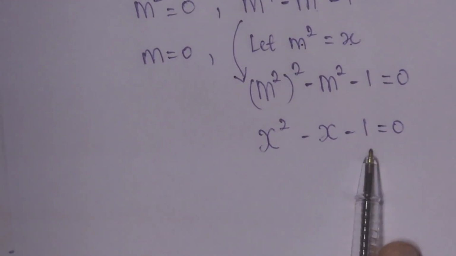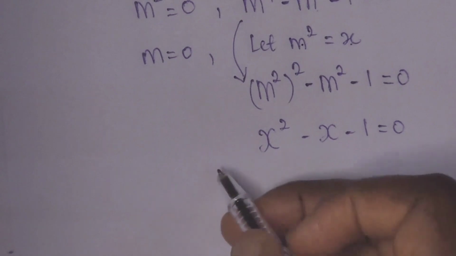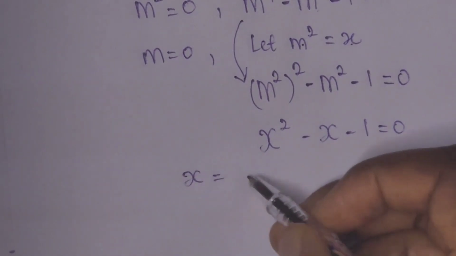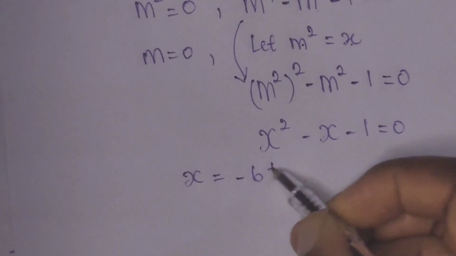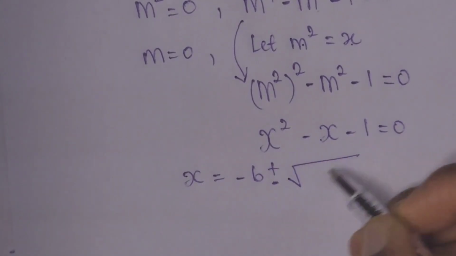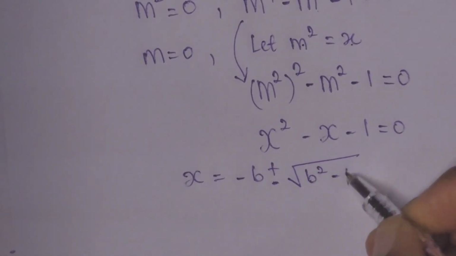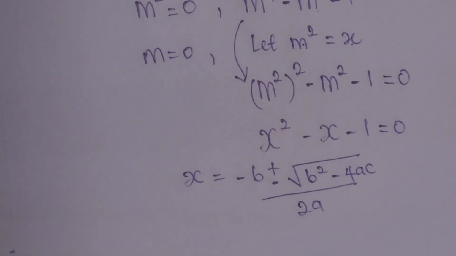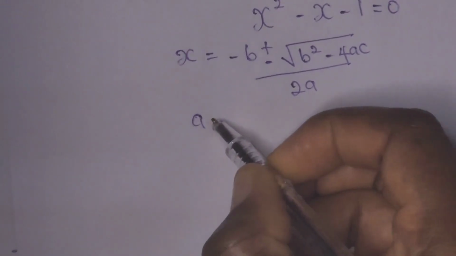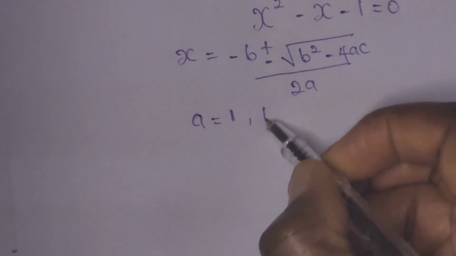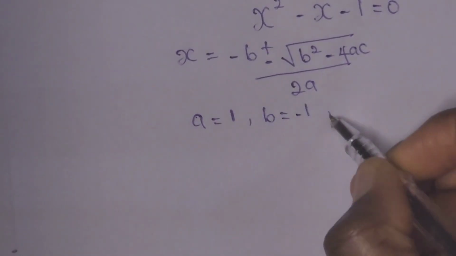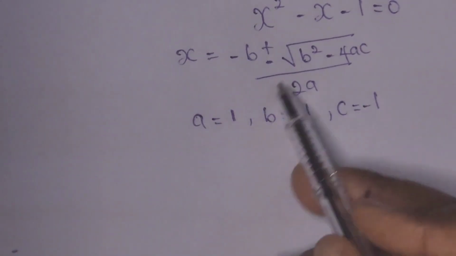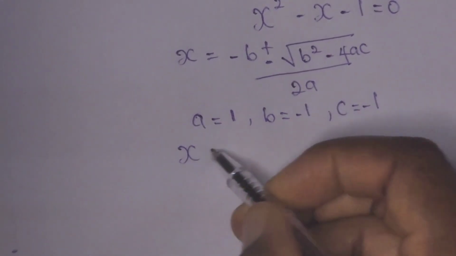So this is a quadratic equation, and for us to resolve it, we have the quadratic formula as x equal to minus b plus or minus the square root of b squared minus 4ac all over 2a. Our a is equal to 1, our b is equal to minus 1, and our c is equal to minus 1.